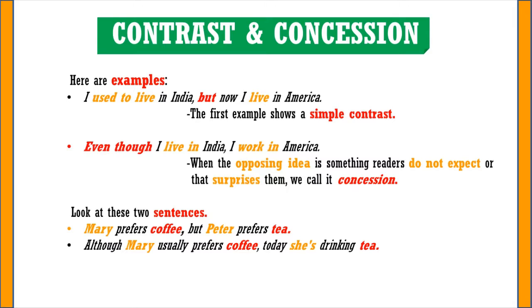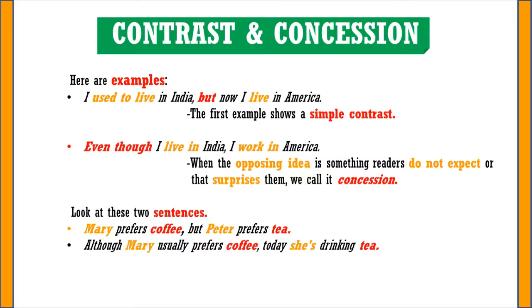The second sentence is an example of concession. Something unexpected happens, like Mary drinking tea today, even though we have conceded something else, that is, admitted that something else is true: that Mary usually prefers coffee.